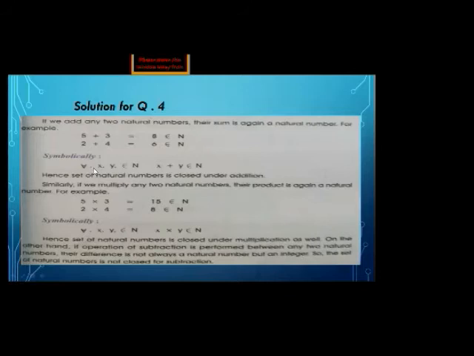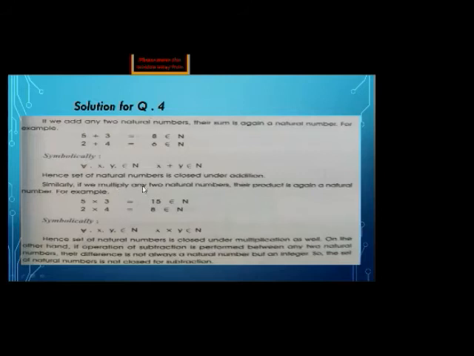When we add these two numbers x and y, their result will be a natural number, so it also belongs to N. Hence, the set of natural numbers is closed under addition. So by observing these examples, we conclude that the set of natural numbers is closed under addition.